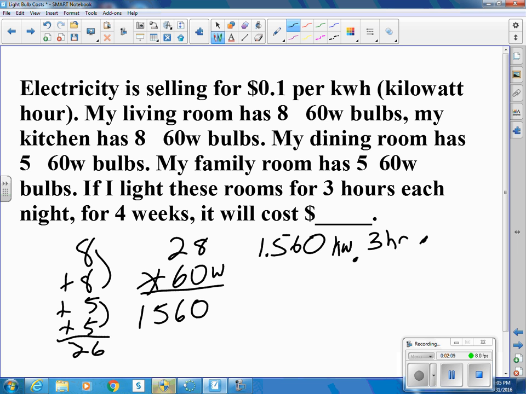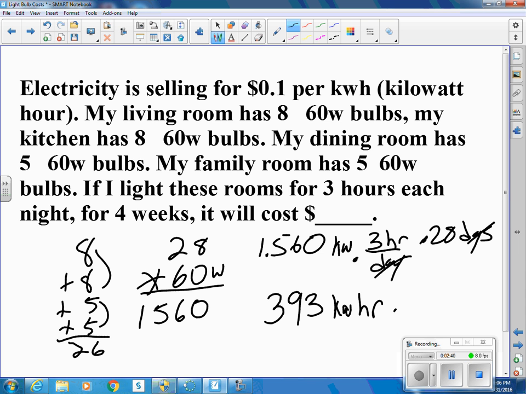Okay, so we'll do 7 times 4, so that'd be 28 days, 3 hours per day. So that would be 1.56 times 3 times 28. So that ends up being 131 of these kilowatt hours, those 1,000 watt hours.